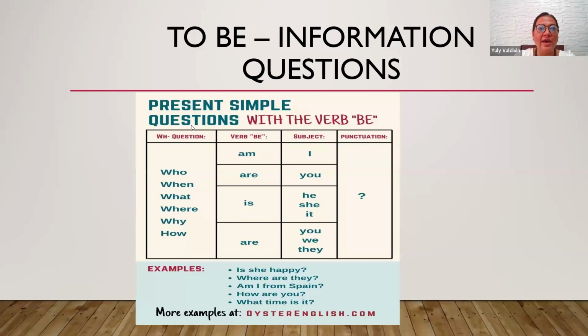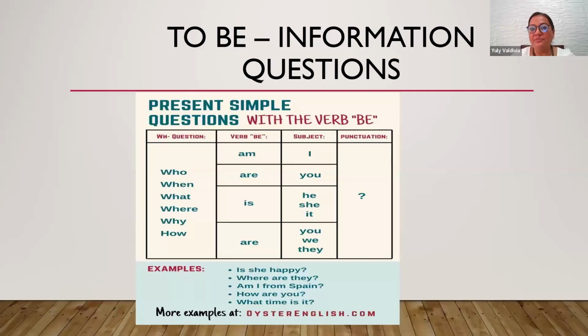Okay, so let's go back. And now we are going to see the second topic that we learned this week. So we finished learning the verb to be using the 3 forms: affirmative, negative, and the question form.